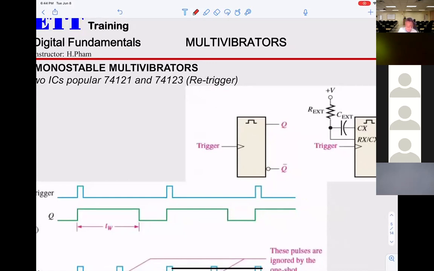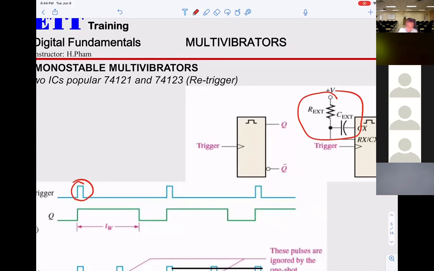So you can say for this circuitry, when you connect the external R and C right here, whenever you apply the trigger, this is the trigger right here, then at the output you can get a pulse coming.